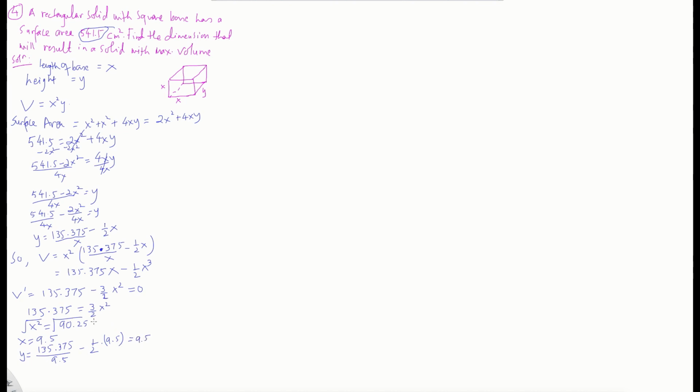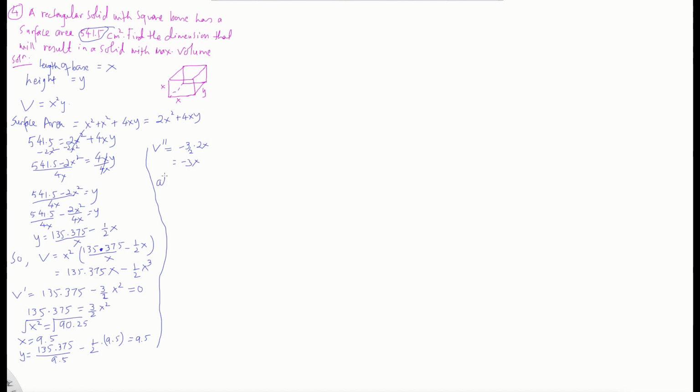Now what you want to do next is verify that these x and y values maximize V. To check whether it is a maximum or minimum, you find the V double prime. We want the derivative of V prime, so this will be 0 and negative 3/2 times 2x, which cancels to negative 3x.